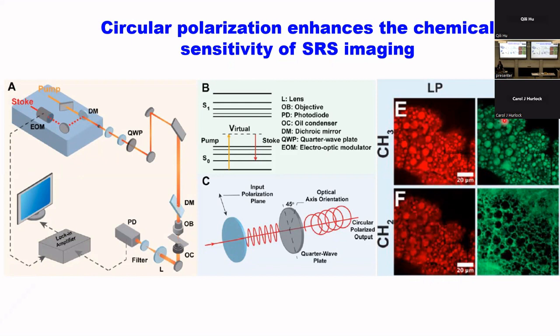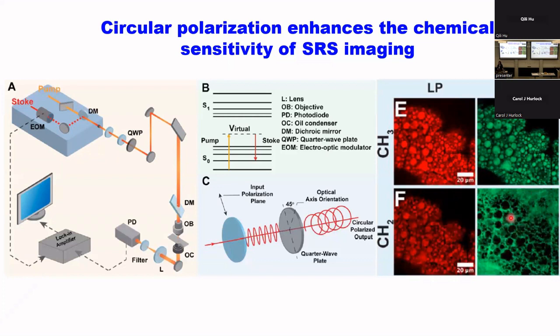But if you put left circular polarization, you can observe a very different image. So after the left circular polarization is applied on the protein-intensive tissue, you can see the protein signal still exists and is maintaining the original status. But the image that you take from this CH2 chemical bond, which is abundant in the lipid molecule, you observe a huge difference.